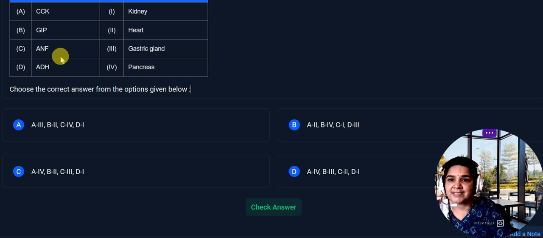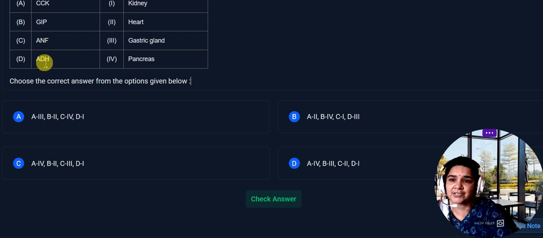ANF means atrial natriuretic factor, so it is related to the heart. ADH, antidiuretic hormone, is related to the reabsorption of water. It is related to the kidney. So cholecystokinin is related to the pancreas, which is necessary for the secretion of pancreatic juice.